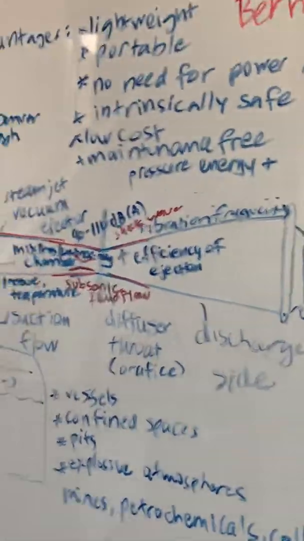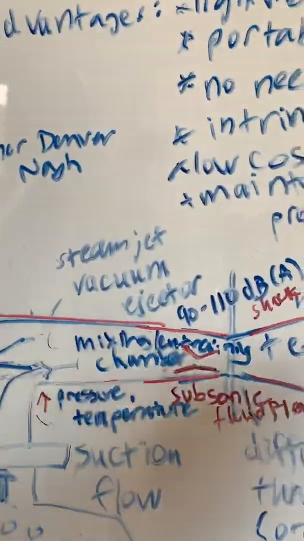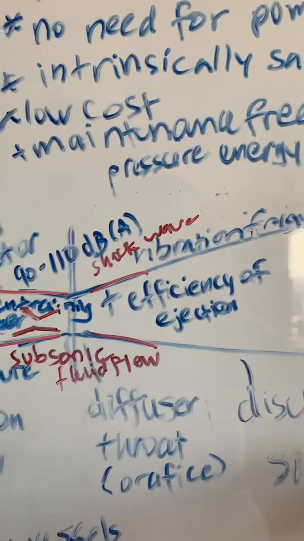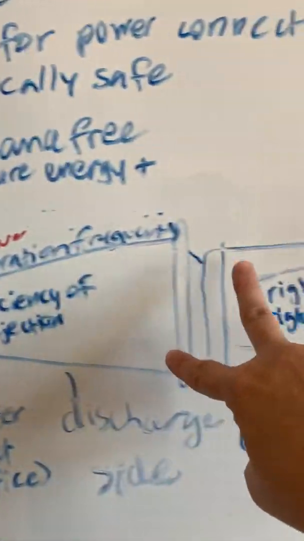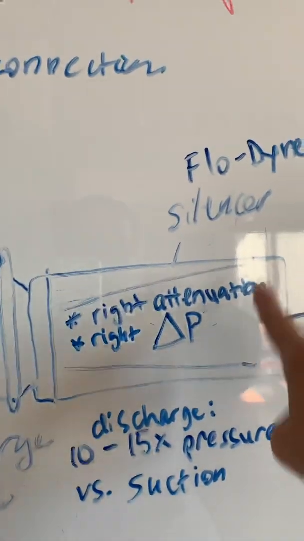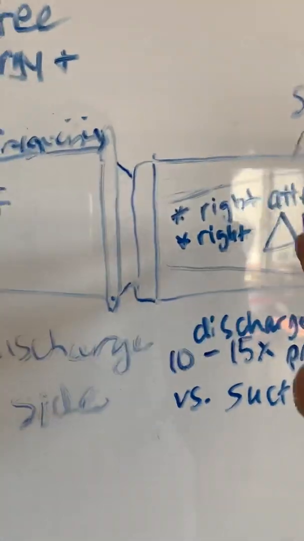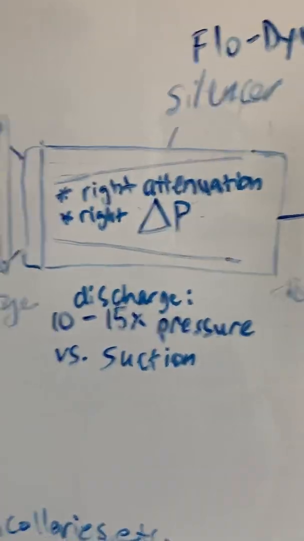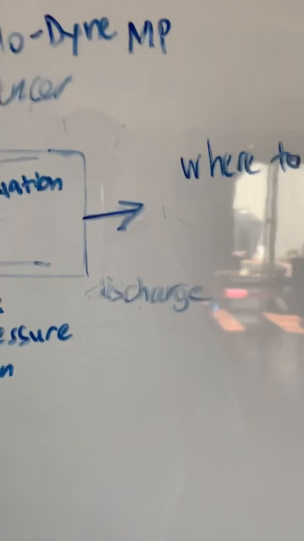Okay, so once we've got our gas, it's gone through, it's speeded up, it's 10 to 15 times pressure. Now once it's been ejected, we're going to put it through this silencer to get it to the right attenuation and the right pressure drop, delta P situation. So where is that ejector heading into?